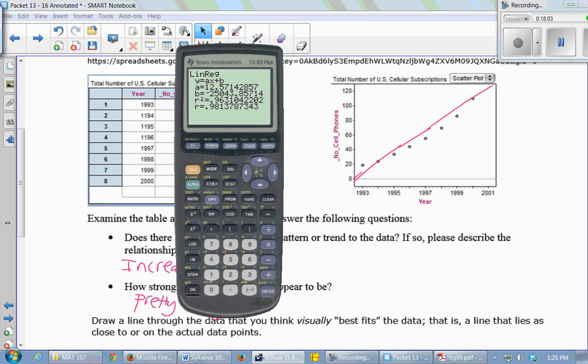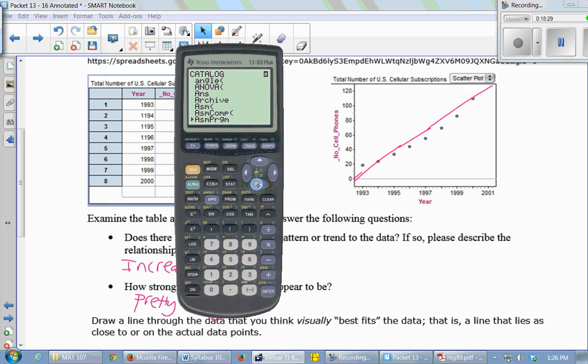You hit enter, and it gives you the regression equation and the R value. You can ignore R squared for right now. We just want to look at R. If you're missing R and R squared, I believe it's also written in your notes, but I'll walk you through it. There is a button called Catalog, which is second zero.